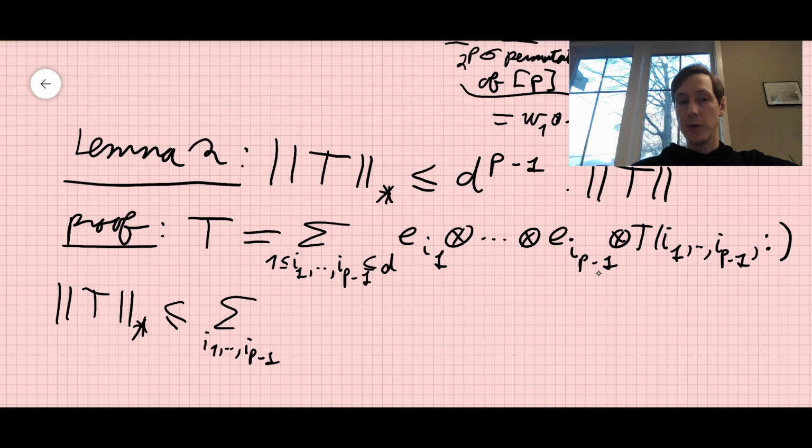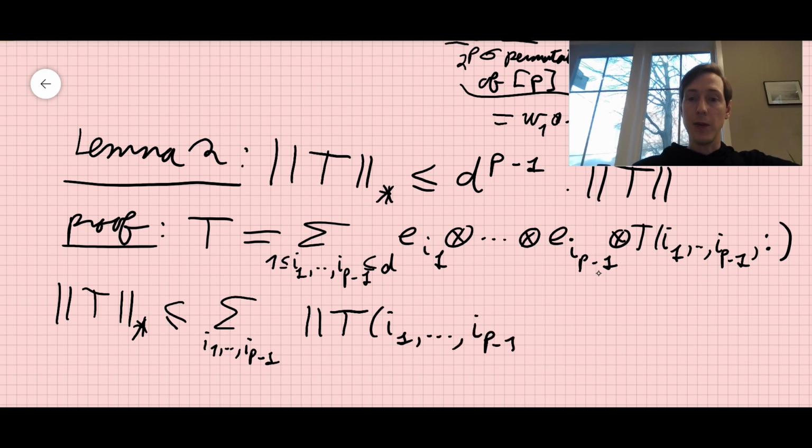But the norm star is a cross norm, so by definition the norm of a rank 1 tensor is the product of the norms of the corresponding elements. Now the norm of the canonical basis vectors is 1, so what I'm left with is just the Euclidean norm of T I1 up to IP minus 1.